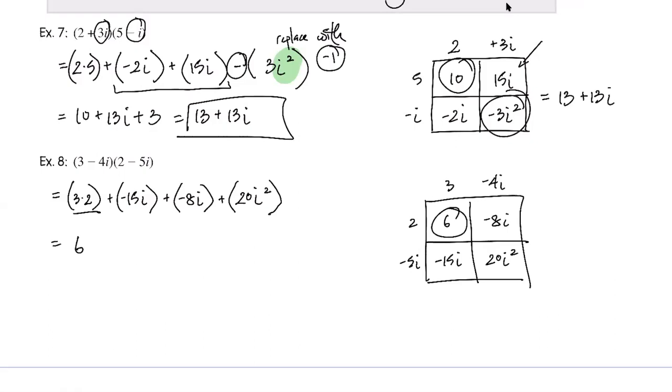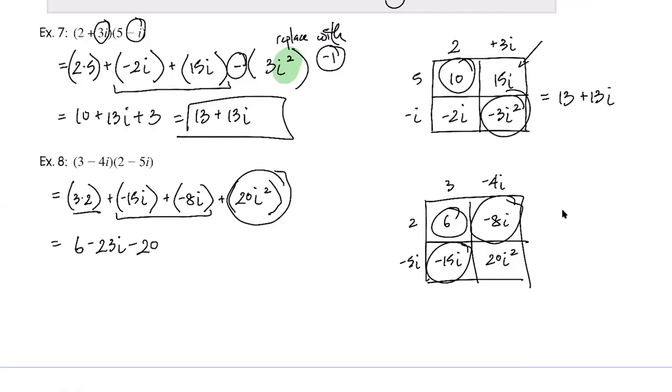I can also see that I've got a negative 15i, and I'm going to subtract 8i, which is good because I have the same thing here. And that will give me negative 23i. Okay. But what do we replace this 20i squared with? Negative 20. Very good. So I have a negative 20 here.